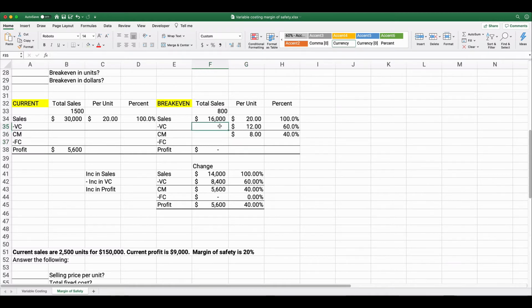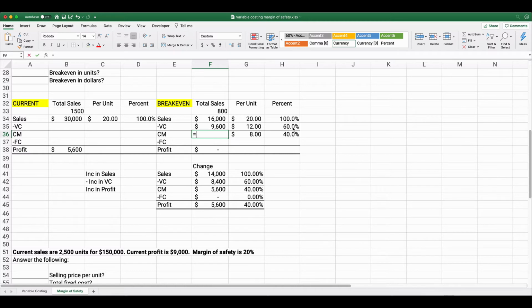We can take the total variable cost and say 800 times 12, right? That's 9,600. Or we could just simply take the 16,000 times the 60%, and that's also 9,600. So having multiple ways of looking at the same thing is very helpful.